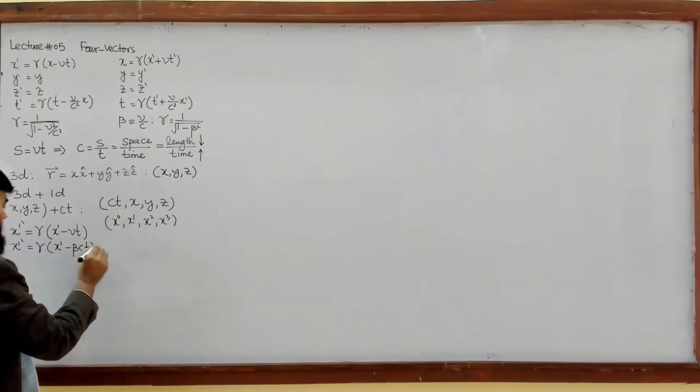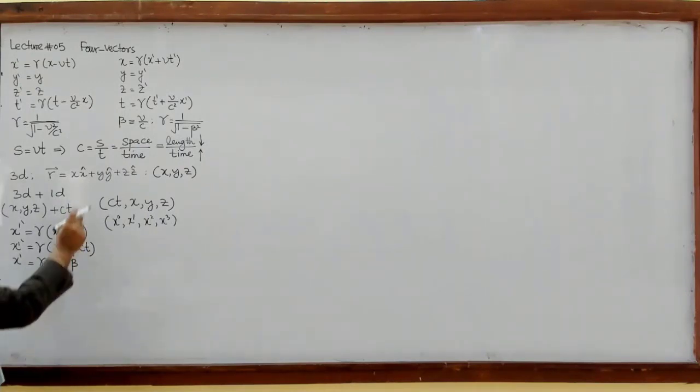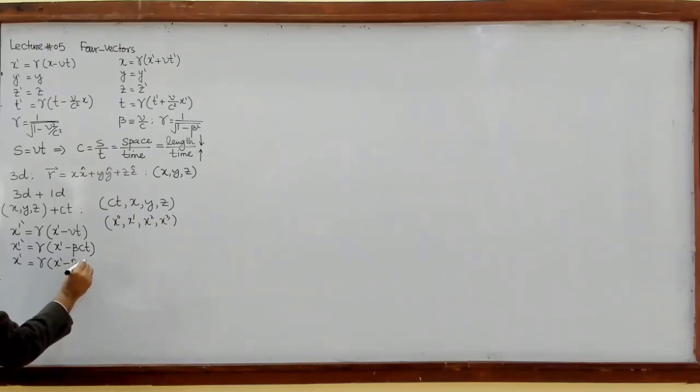Now what is ct? Minus beta, and ct we have defined is x0. So this is one of the conversions.